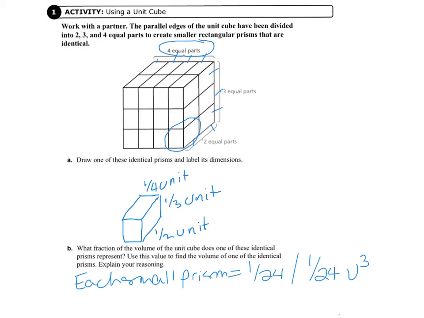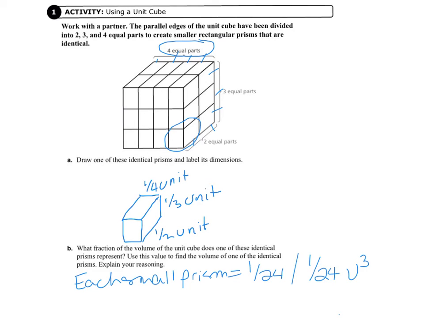So remember, when you're writing just a line, it's just the unit. And when you're writing area, it's units squared, but when you're writing volume, it's units cubed. So that's all you do. It's 1/24th units cubed. And if you did it mathematically, it would be the same thing.